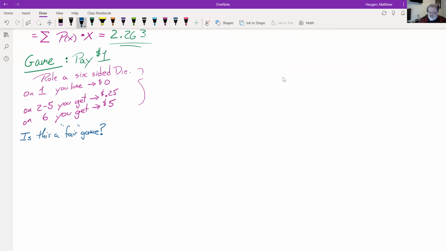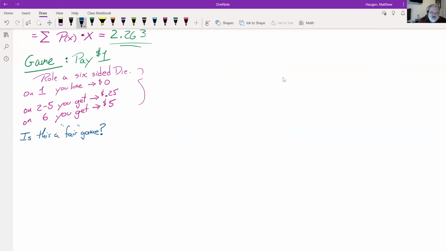For a game to be fair, the expected outcome should be the same for both parties. Usually when you're gambling like this, in the long run, the odds favor the house, the one running the game. So normally games like this aren't fair.